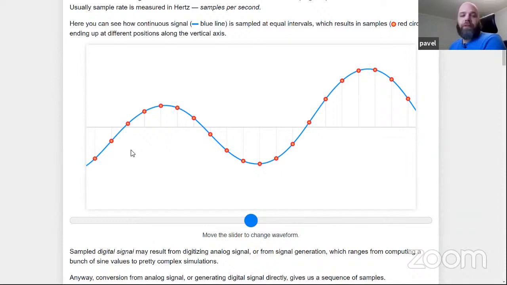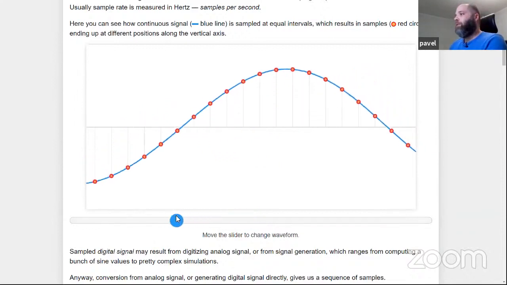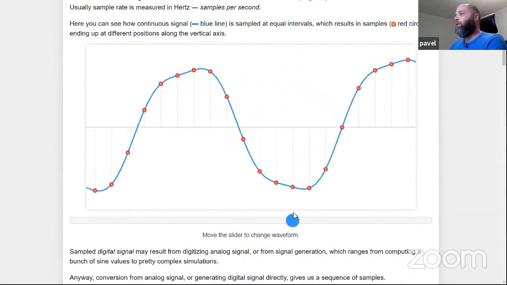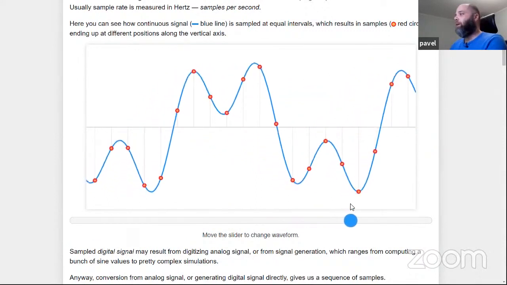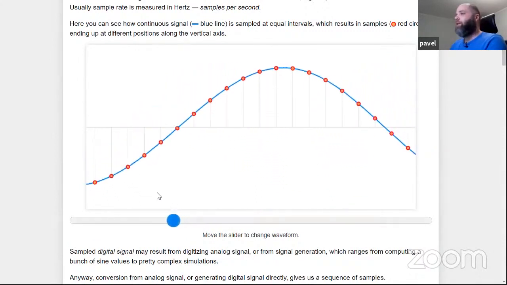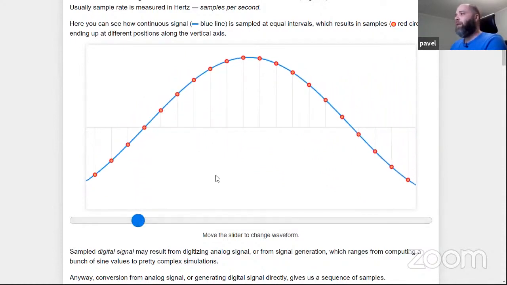And sample rate is measured in hertz. So it's like some number of times per second. And we can play with this demo a little bit, and we can see that when the signal changes, our measurement and corresponding samples are changed as well.